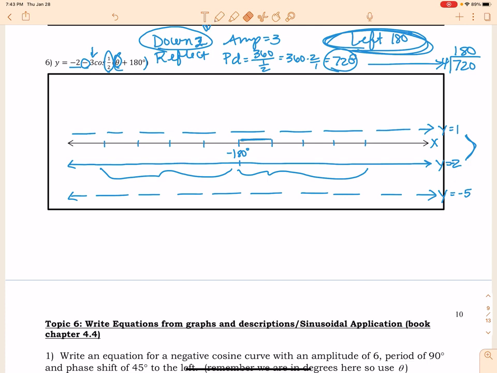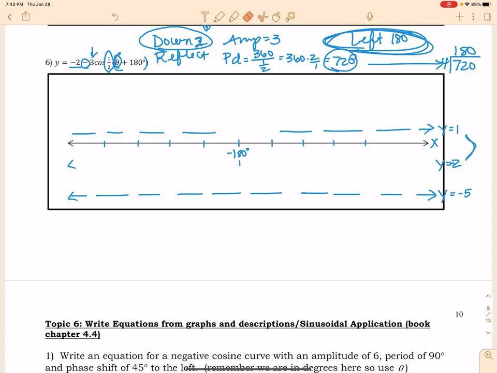All right. So let me get rid of these extra marks. Oh, dang it. See, you can't take me anywhere. All right, let's give my line back here. All right, so each of these spaces is going to be 180. So if I have -180 degrees and I add 180 to it, I get 0. And then I'm going to add another 180, and then another 180, and then another 180.